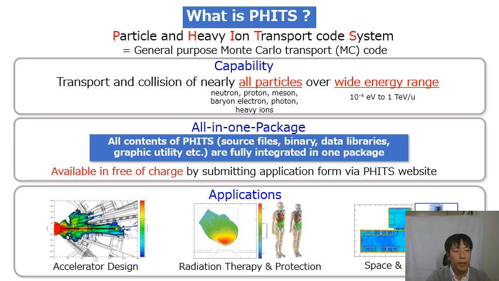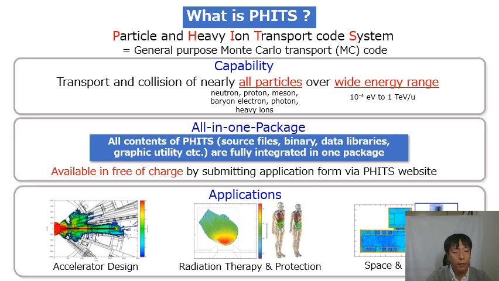PHITS is the abbreviation of Particle and Heavy Ion Transport Code System, which is a general-purpose Monte Carlo simulation code. PHITS can transport almost all particles, including neutron, proton, electron, photon, and heavy ions, with a wide energy range.